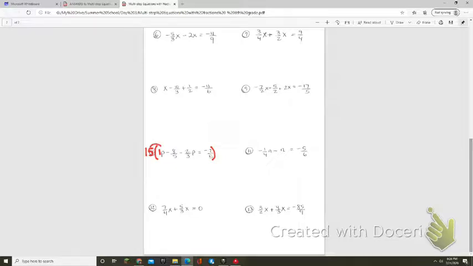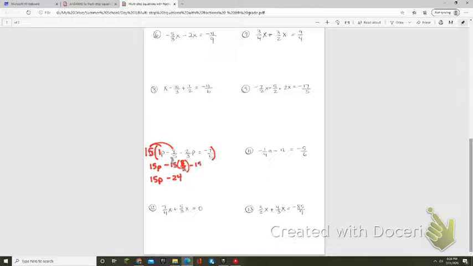So 15 times 1p is 15p. 15 times negative 8/5, the 5 and the 15 cancel. And there's a 3, so that ends up giving you 15p minus 24.